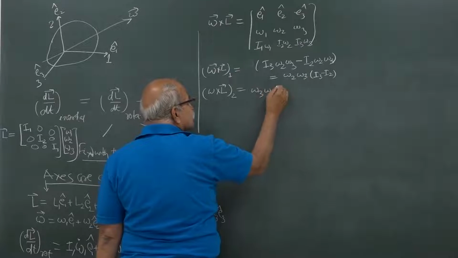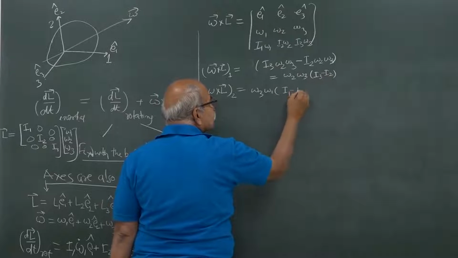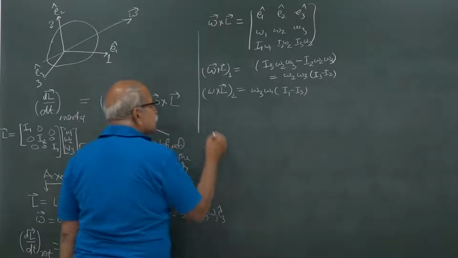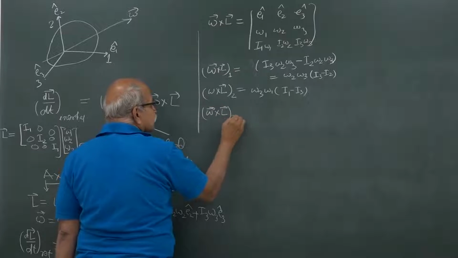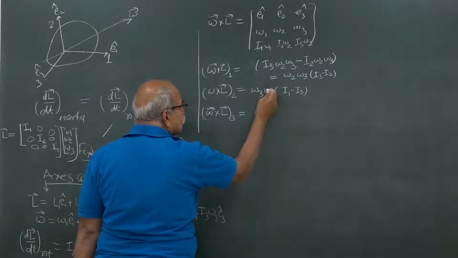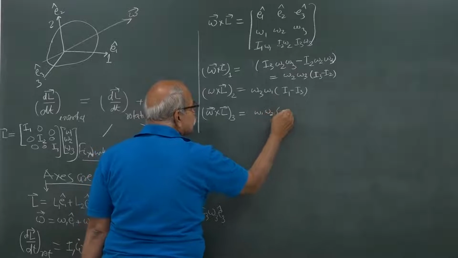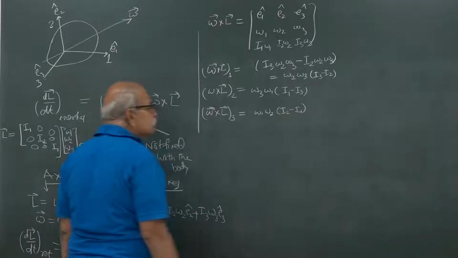So omega 1 here, and then in place of 3 you write 1, in place of 2 you write 3. So it is this. And similarly the third component is omega 1 omega 2, cyclic permutation, I2 minus I1. This is it.